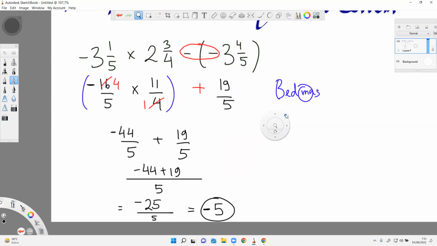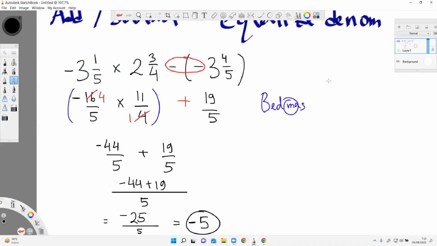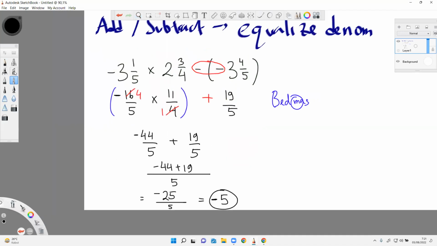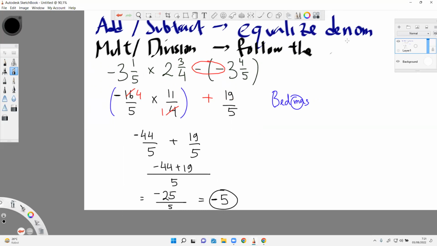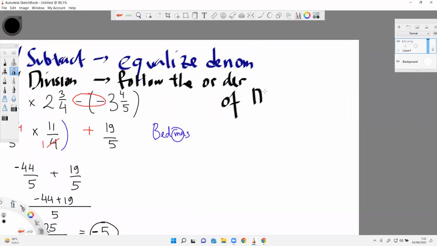Okay. Please let me know whenever you have any question. If you do the multiplication or division, what you need to do, just follow the rule. Follow the order of numerator and denominator.